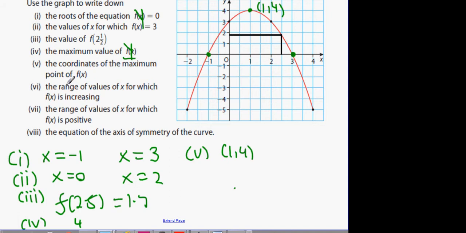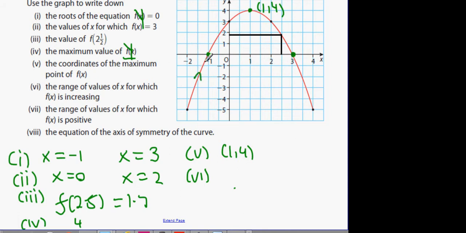Find the range of values of x for which f of x is increasing. What does increasing mean? Increasing means you're on your way up the hill. If you're decreasing, you're on your way down. So when do I stop increasing?